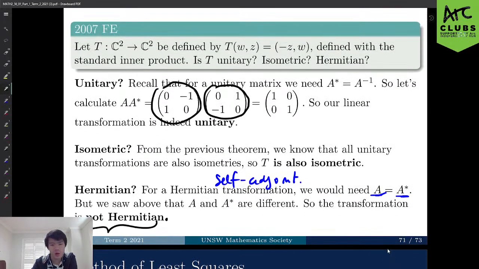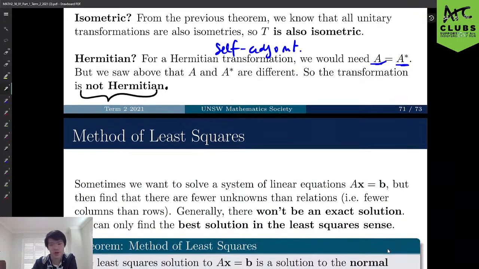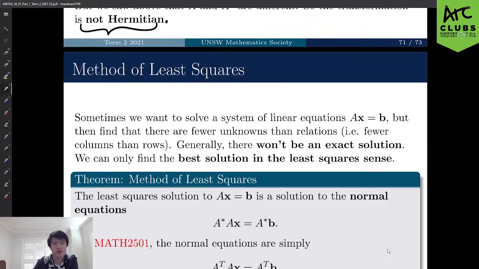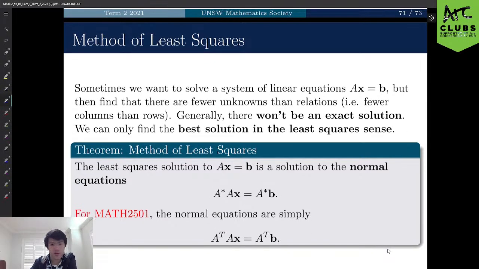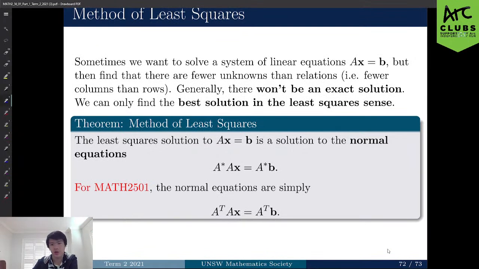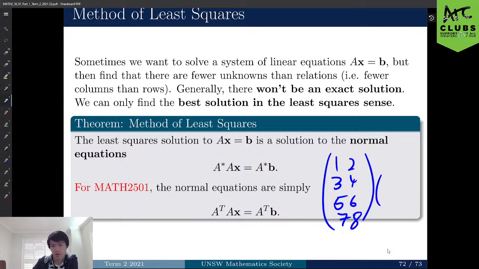What we'll actually do is move on to one last thing. I'll just cover this because it's not too long: the method of least squares. Sometimes you want to solve a system of equations, but you don't really have a solution. For example, if you have a system like this, then it might not be solvable, because you have so many equations but only 2 parameters.